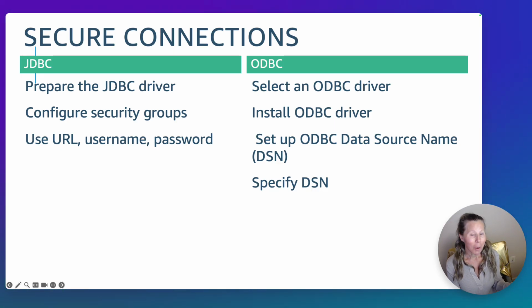Then, set up an ODBC data source name that contains the necessary configuration information for connecting to the data source. This includes the driver, connection details, such as hostname, port, and authentication, and other settings too. Then in your application or tool that supports ODBC connectivity, you specify the DSN to establish a connection to the data source. You can then execute queries and interact with the data.